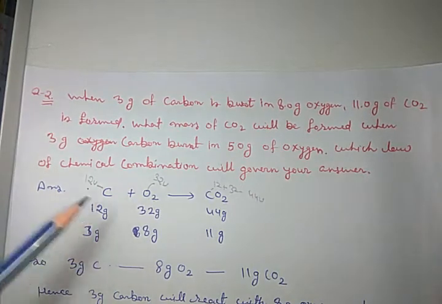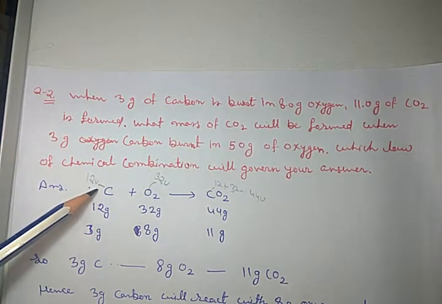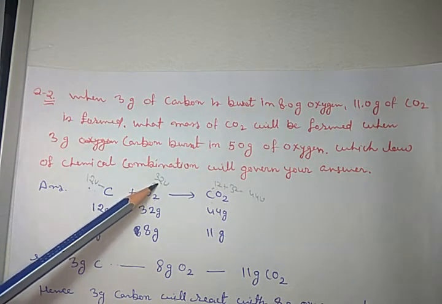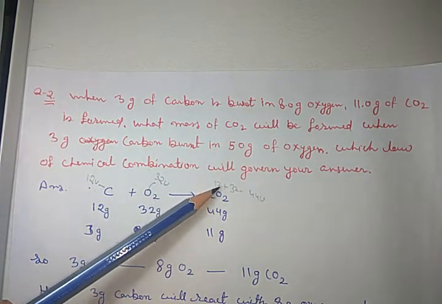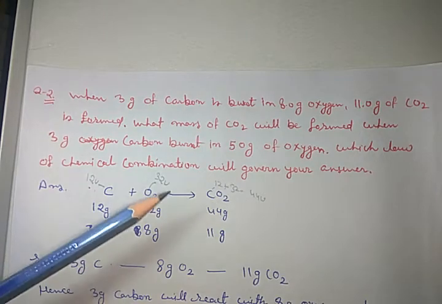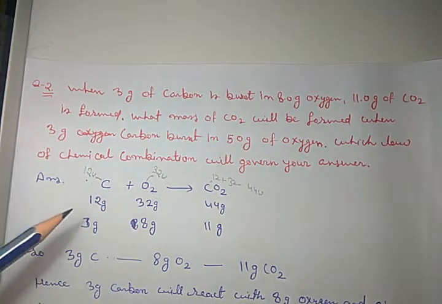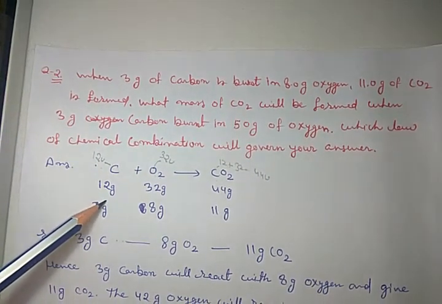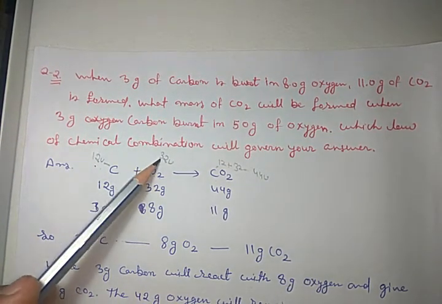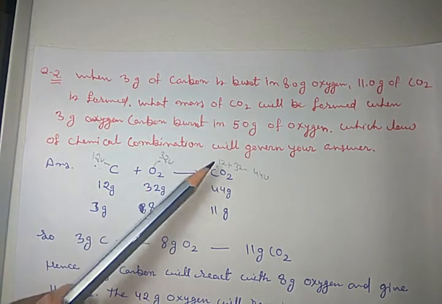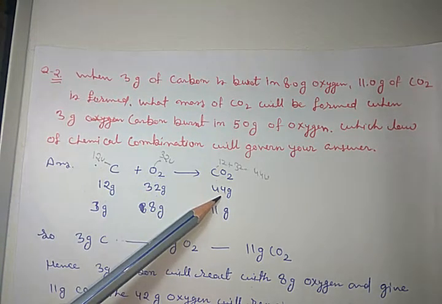So the atomic mass of carbon is 12 u, the molecular mass of oxygen is 32 u, and carbon dioxide is 44 u. If we take them into molar mass and convert into gram, the molar mass of oxygen is 32 gram, and carbon dioxide becomes 44 gram.